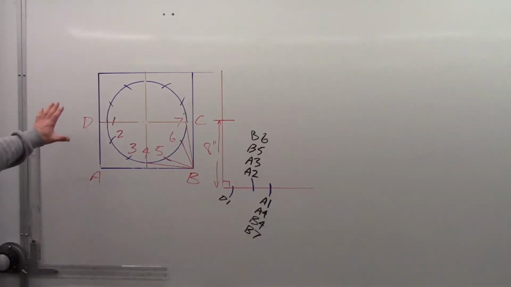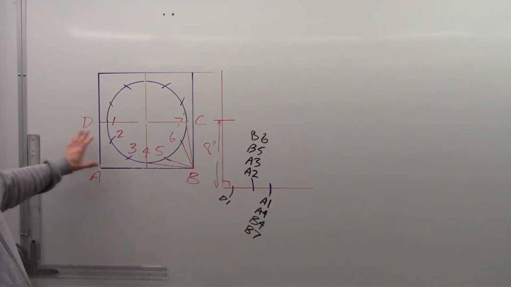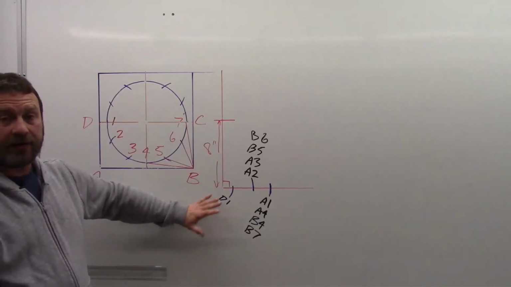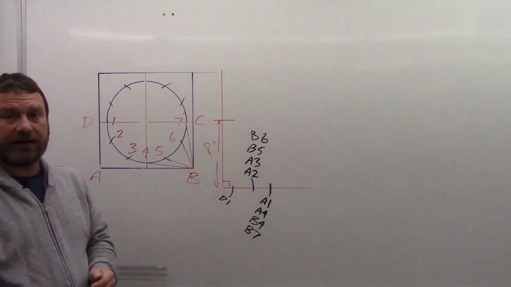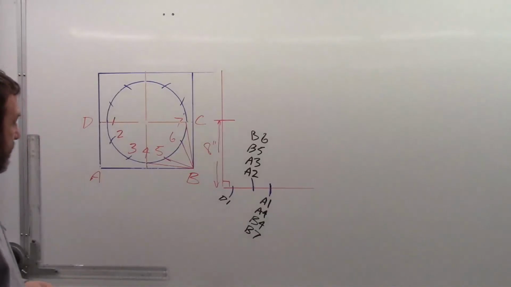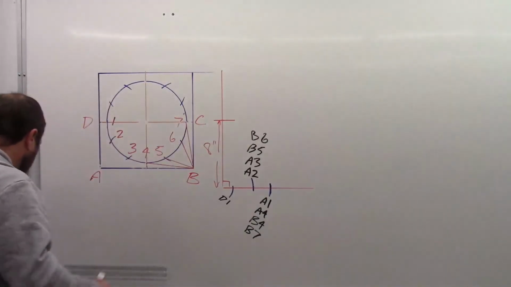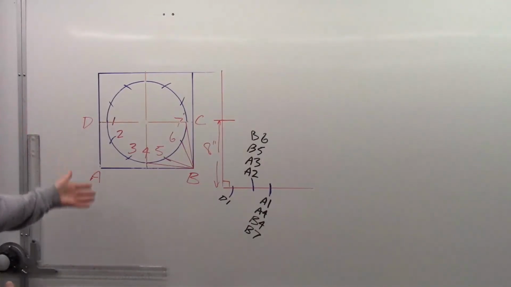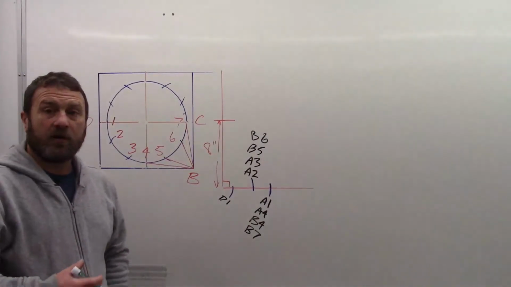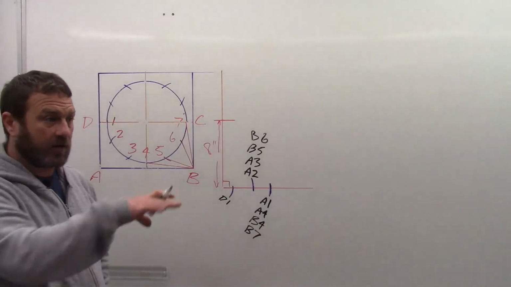Okay, so now we have our plan view complete. We have our true length diagram complete. And now we have all the information we need to be able to produce the pattern. We can move into triangulation now. Okay, so let's do that. Now, squared round, there's a procedure that we always follow. We always start with a baseline that's horizontal.